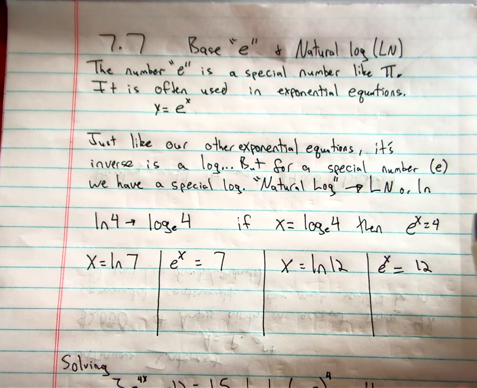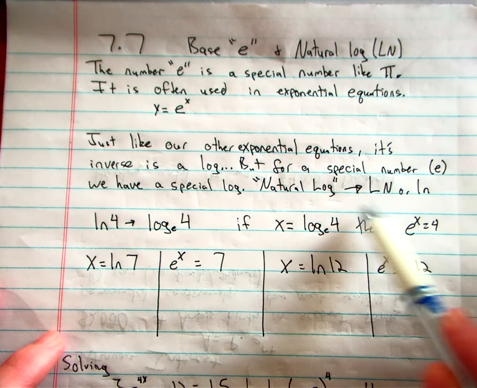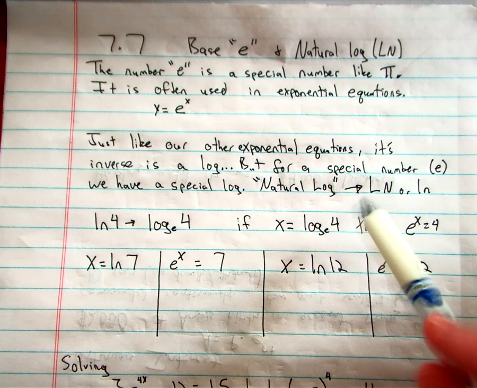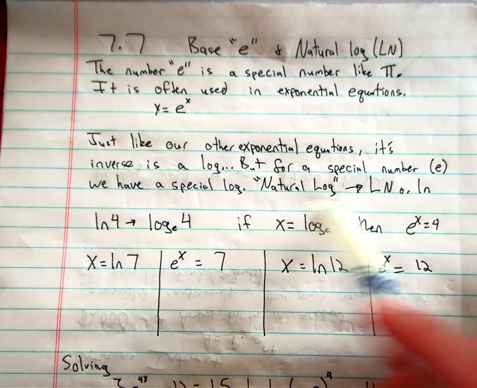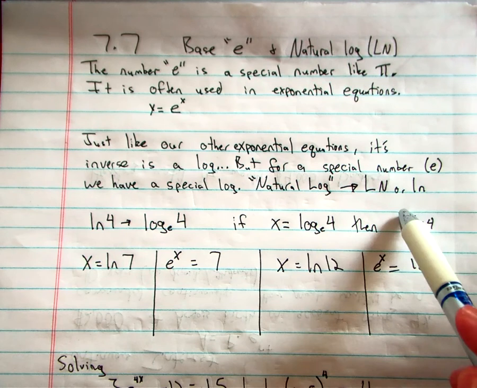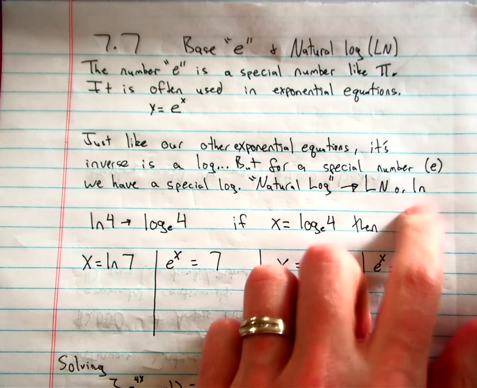Just like our other exponential equations, its inverse is a log. But for a special number, e, we have a special log called the natural log. It must be some sort of Latin thing that they're turned around. Instead of NL, it's LN, or you'll see it as lowercase ln.